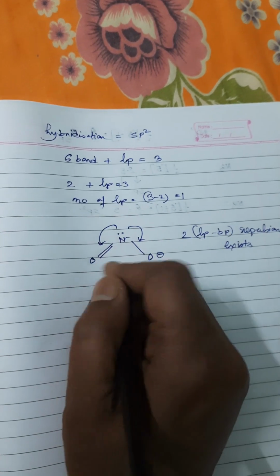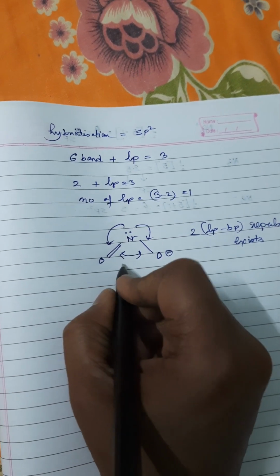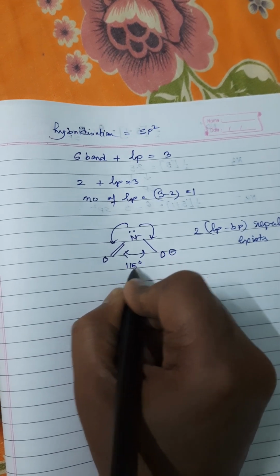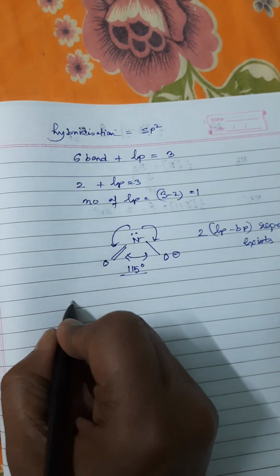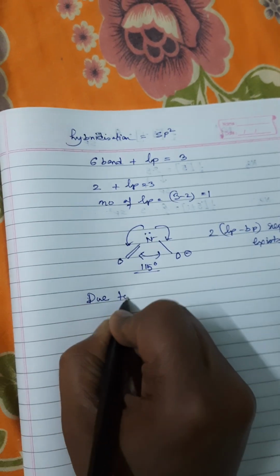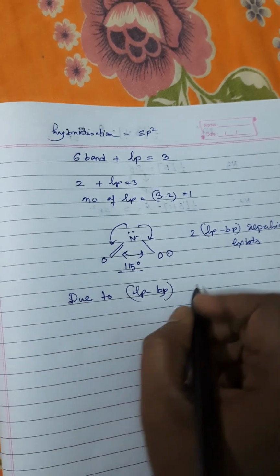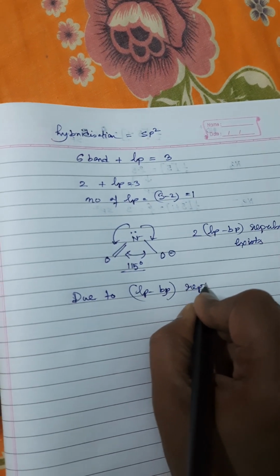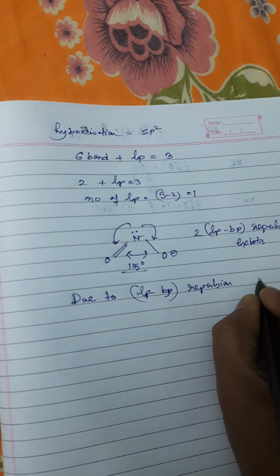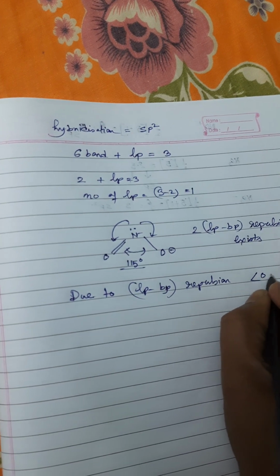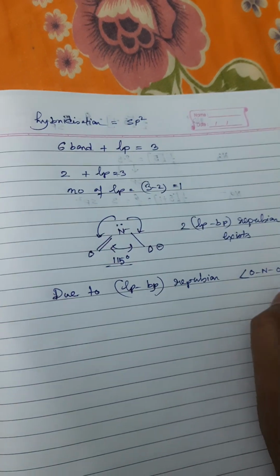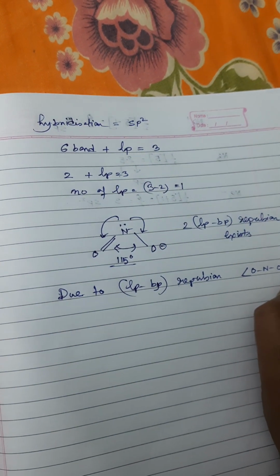So that's why the bond angle will be 115 degrees. So we must say, due to lone pair bond pair repulsion (BP means bond pair), the oxygen nitrogen oxygen bond angle should be 115 degrees.